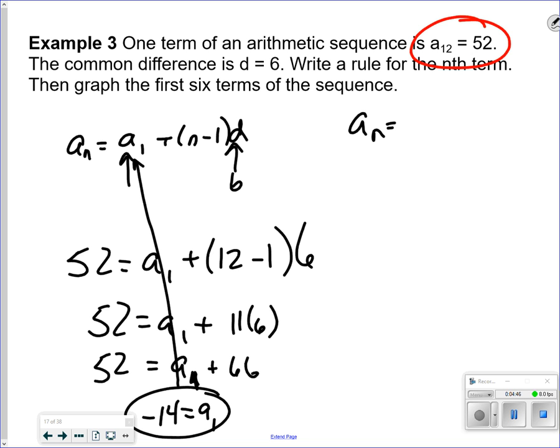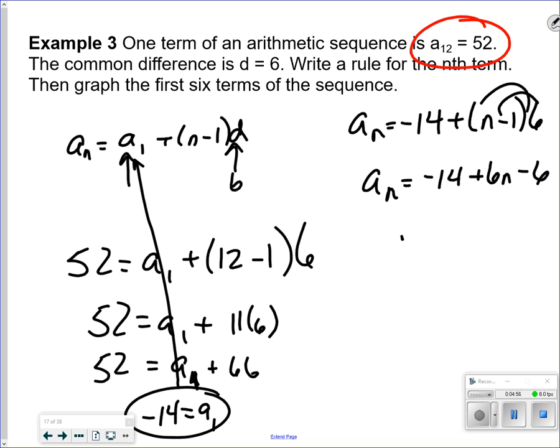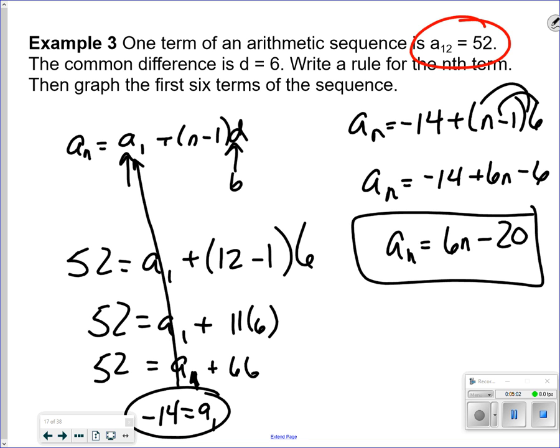So a sub n equals -14 plus (n minus 1)16. Distribute the d and add like terms. Then it says, graph the first 6 terms.